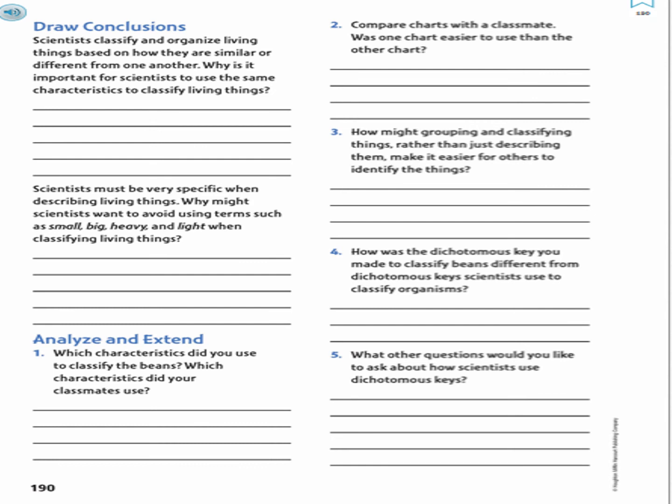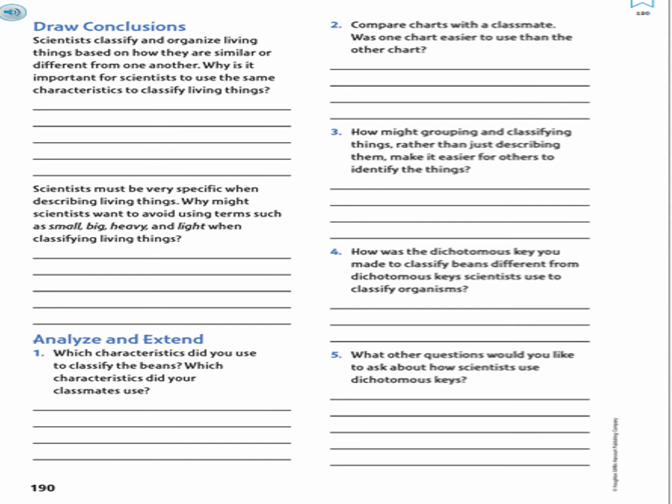Analyze and extend. Now, this is what we just talked about in the previous slide. Instead of using a classmate, you're going to have your parents help you. Which characteristics did you use to classify whatever it is you were using? Which characteristics did your partner use? Compare charts with your partner. Was one chart easier to use than the other?